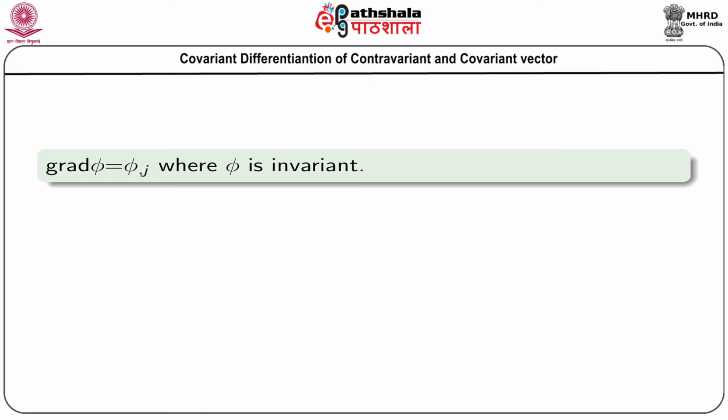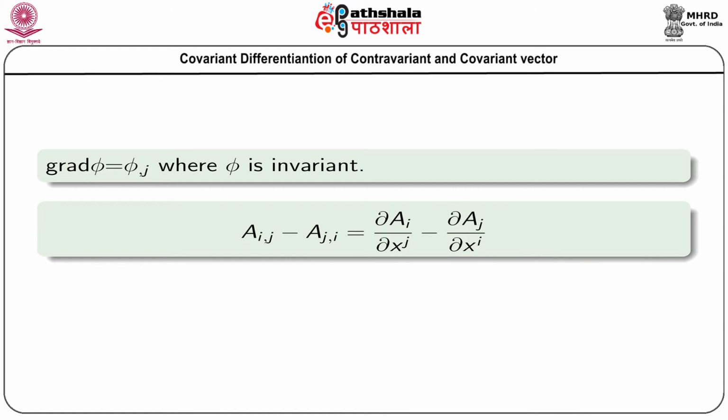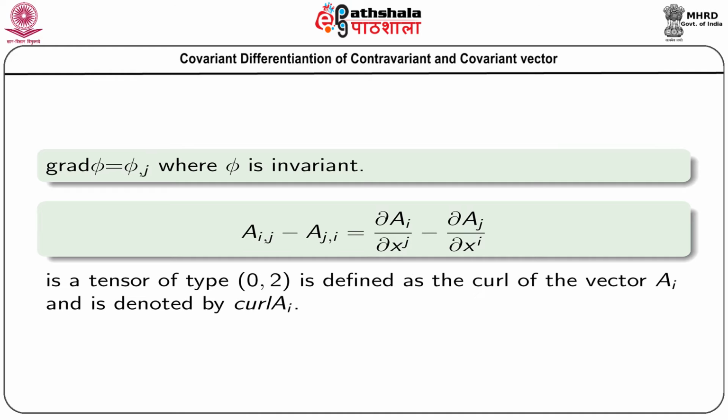That means phi_{,j} is nothing but the partial derivative of phi with respect to x_j, and that can also be written as ∂phi/∂x_j. Also, A_{i,j} - A_{j,i}, if we express it, then we shall get ∂A_i/∂x_j - ∂A_j/∂x_i, which is nothing but the curl of the covariant vector A_i, and it is a tensor of type (0,2), and it is denoted by curl A_i.